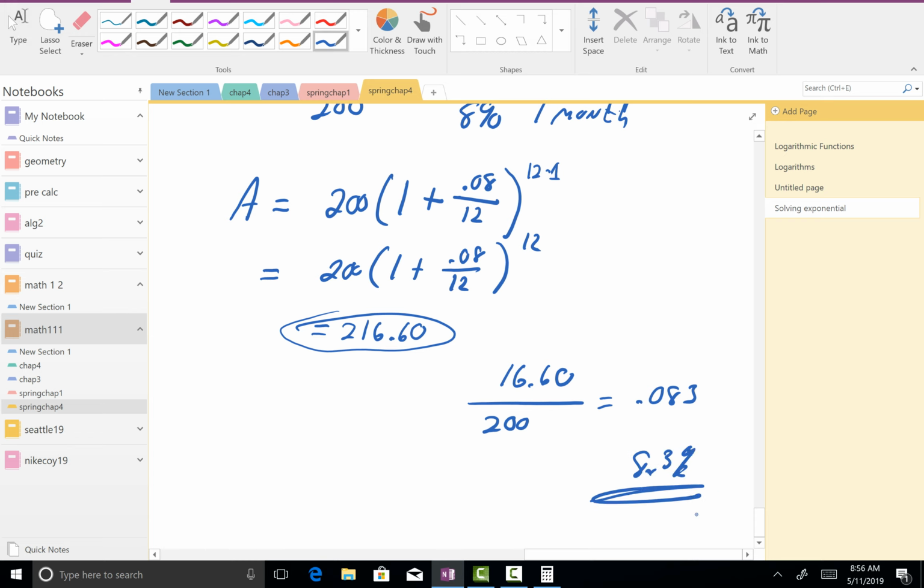So that's what the credit card companies were doing: they were putting that number here, and then at the end of the month or end of the year, they were saying you're only paying 8% when really you're paying 8.3%. Okay, well, it's 0.3%, but it could make a difference if you had quite a bit of money, right? So then they had to change it and say what an annual percentage rate is. So this would be the annual percentage rate of that particular loan, the APR. Sometimes that's why you see APRs are weirder numbers.